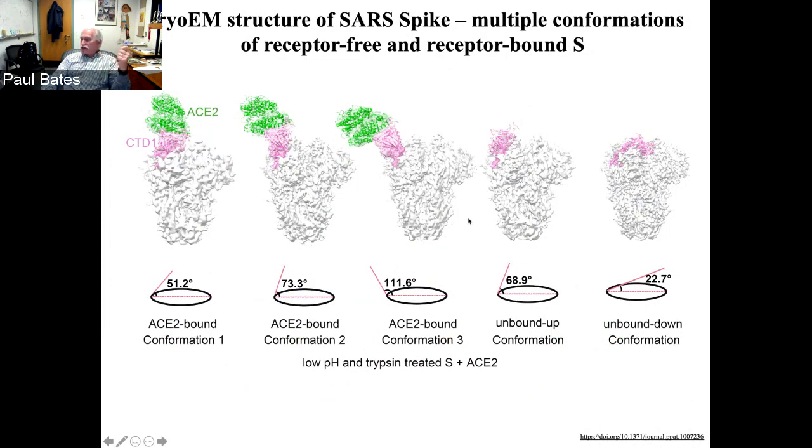That's important for developing good antibody responses, because if these are moving around in a number of different conformations, it will be difficult potentially to develop effective neutralizing antibodies that see all of these different conformations. For example, if all three of these conformations are competent to move forward towards membrane fusion, then it might be difficult to target all three.